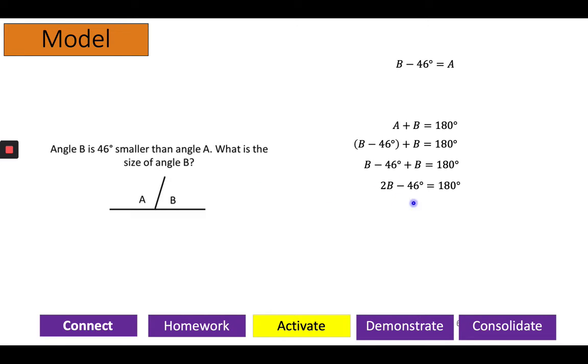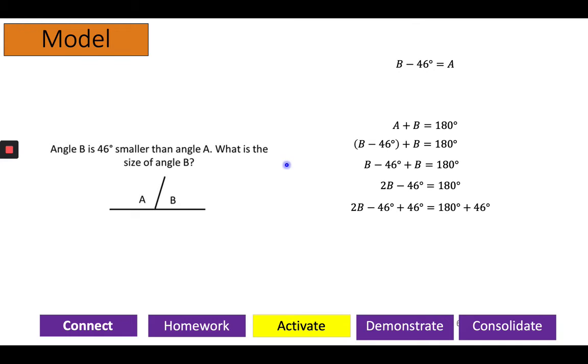We need to get B by itself to solve B, so we have to get rid of 46 degrees because it is being minused. We add 46 degrees to both sides. So we get 2B minus 46 degrees plus 46 degrees equals 180 degrees plus 46 degrees.